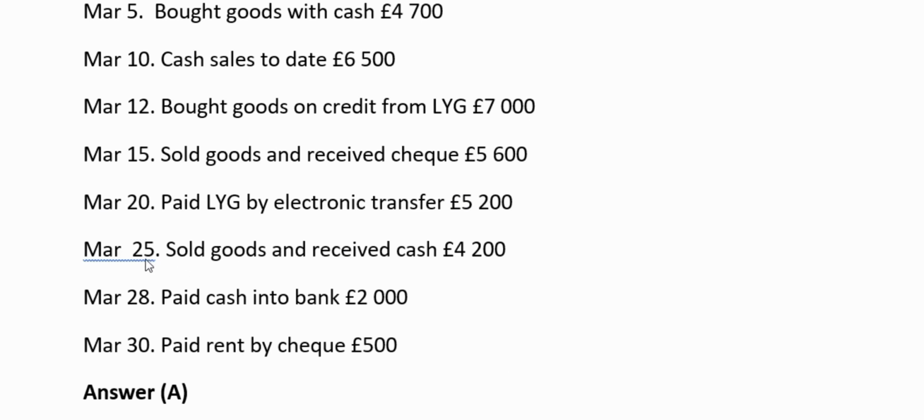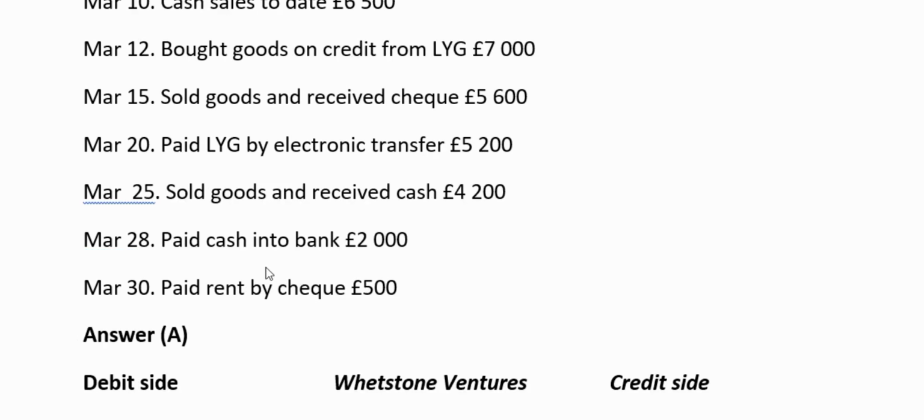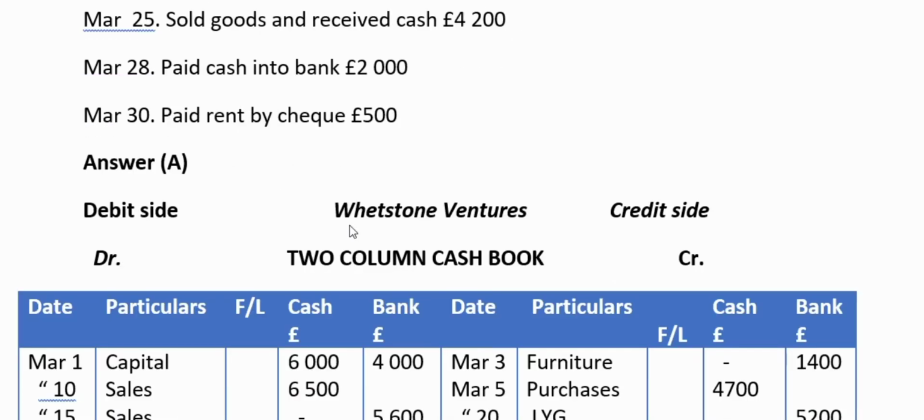Now we go to the entry we have already covered, sold goods, and we've mentioned that. Now we go to March 28: paid cash into bank 2,000.